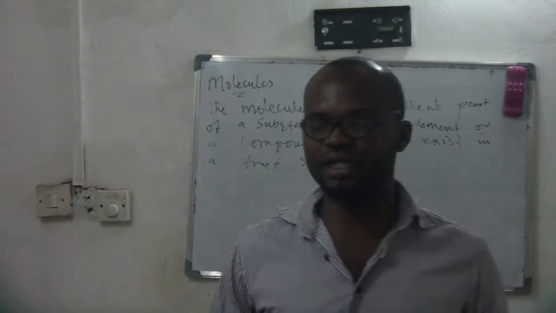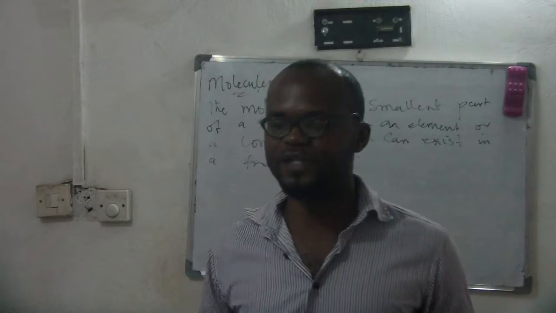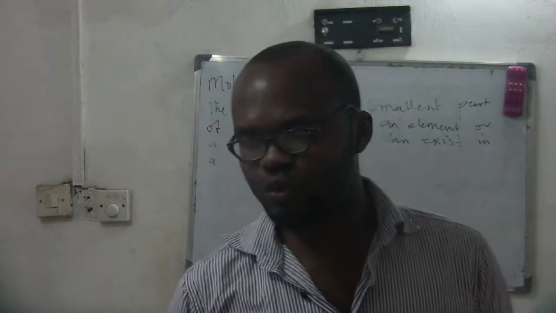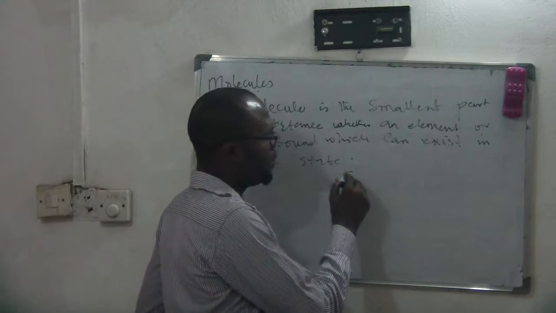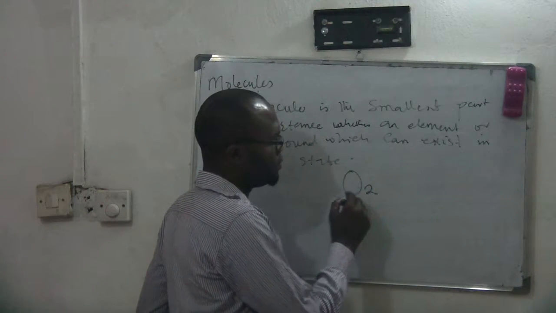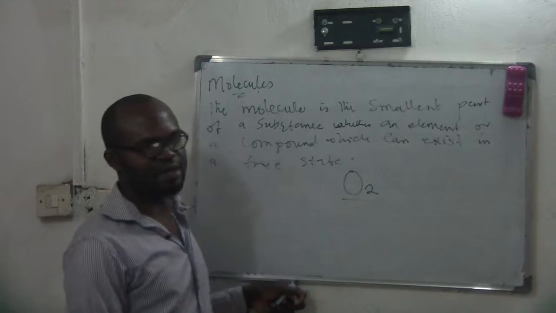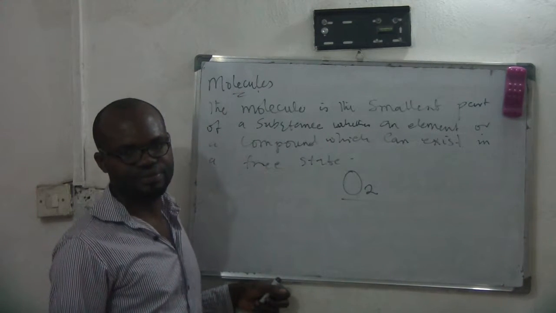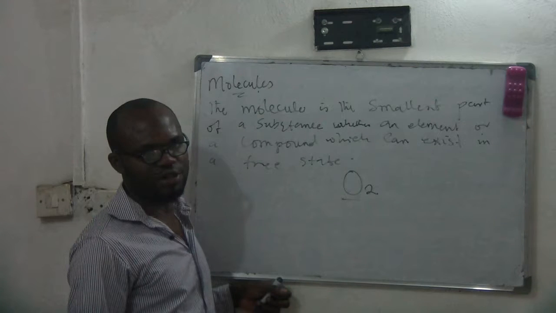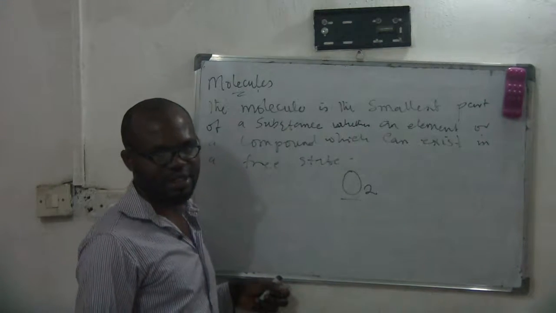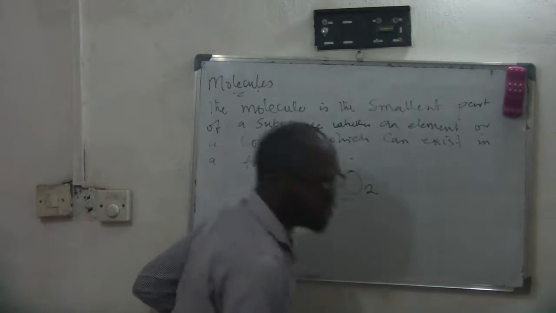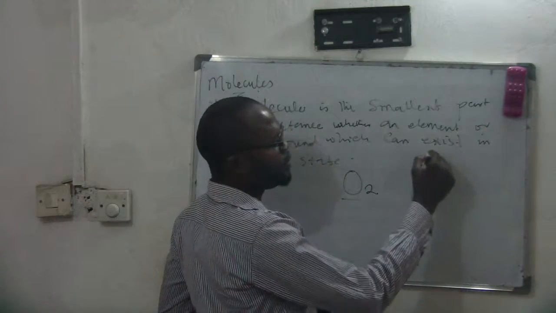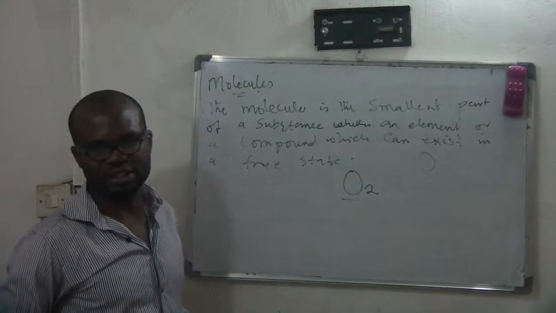A molecule can always exist on its own in a free state. An example is O2. This is the oxygen molecule. It's very difficult to see, in any chemical equation, only O, the oxygen atom.